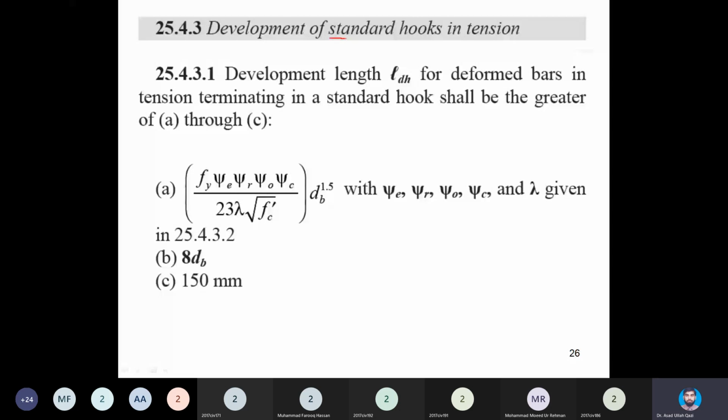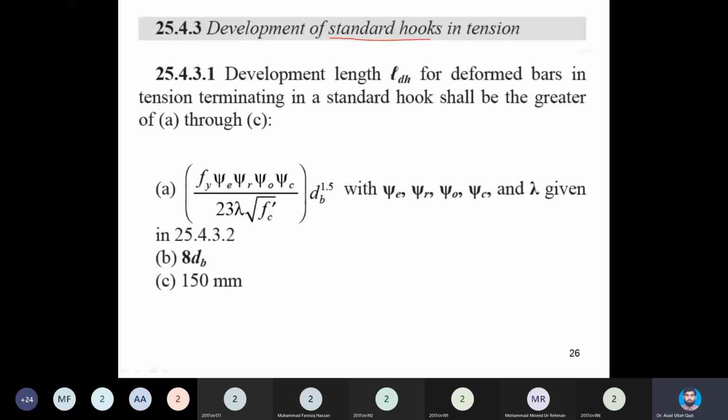I have inserted one table from ACI in which standard hooks are pictured, because we need to implement the radius of bend and also the tail of that 90 degree or 180 degree bend. So accordingly then I will call it a standard hook.